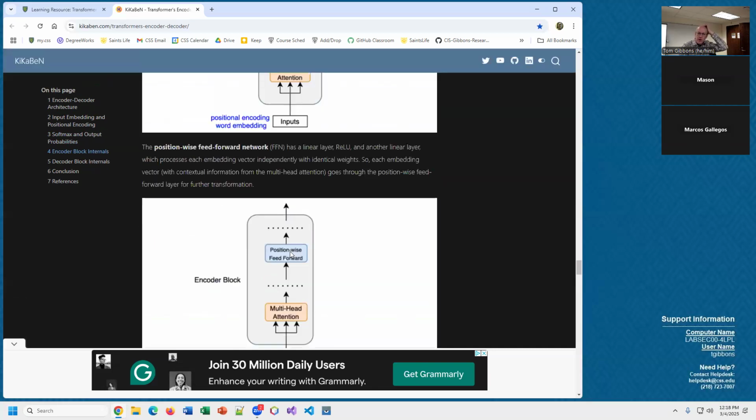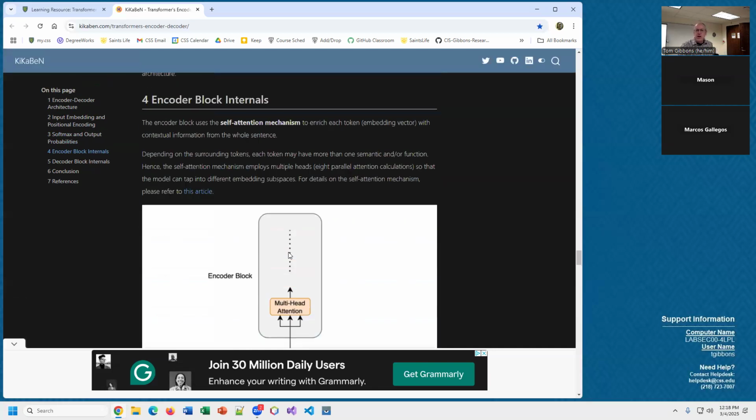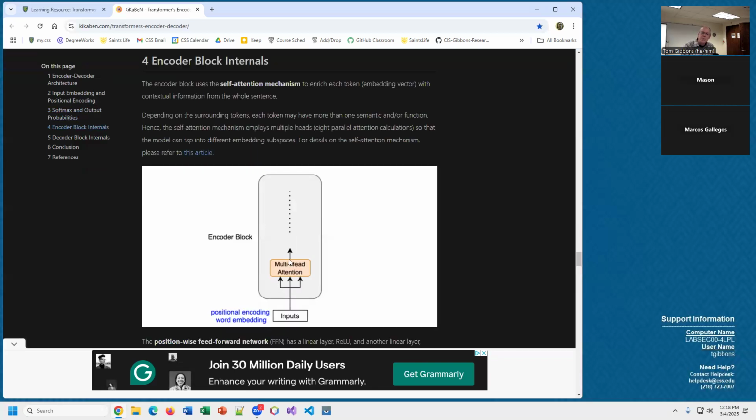We'll talk about one more thing here, and that's what's in our encoder block. We're going to use attention here, and we'll see a little bit more about attention today. But attention is just a way of mapping what parts of the sentence are important.